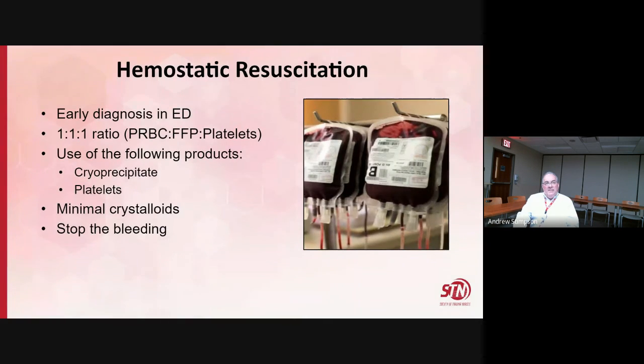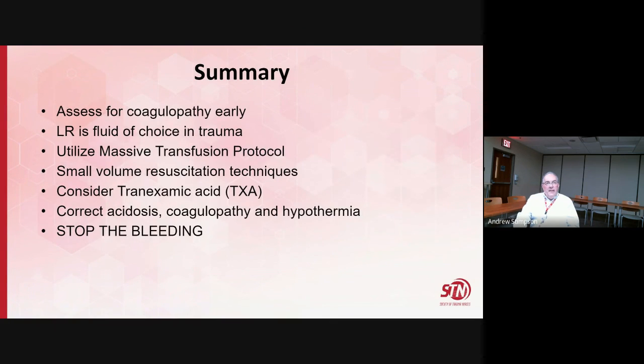So again, hemostatic resuscitation, we try to get balanced blood product resuscitation early on. Again, using cryoprecipitate as we go farther into the massive transfusion protocol algorithm. We want to minimize crystalloids as best we can, but most importantly, we want early control of hemorrhage. So again, in summary, as we're looking at hypotensive patients, we want to assess for coagulopathy early.